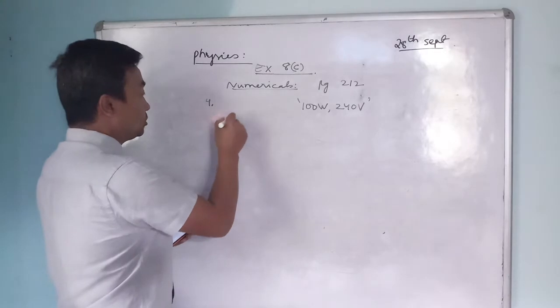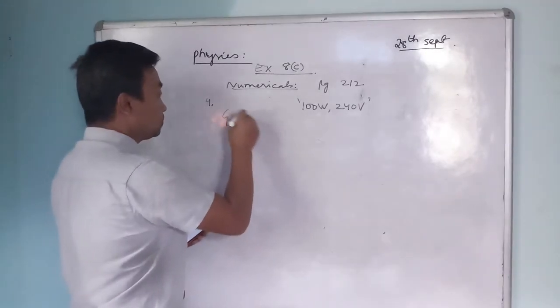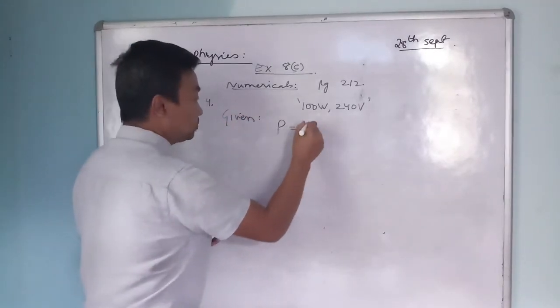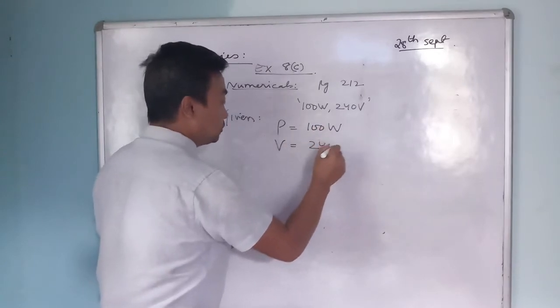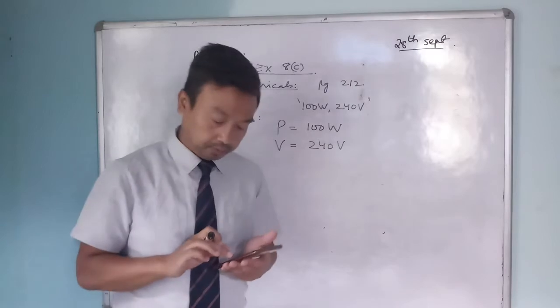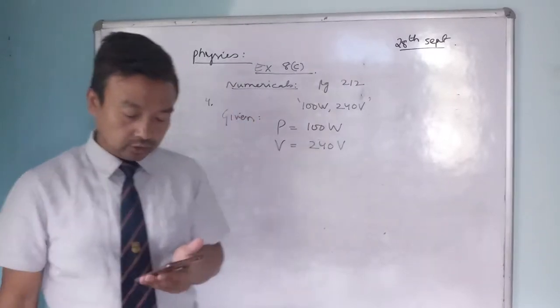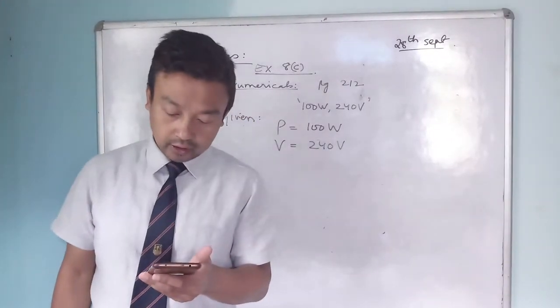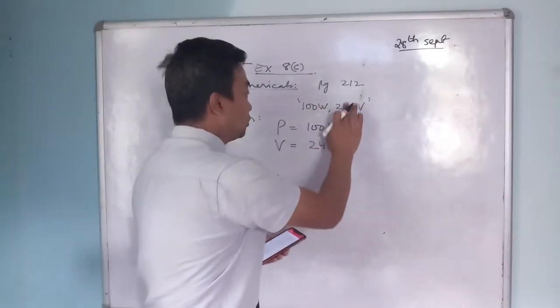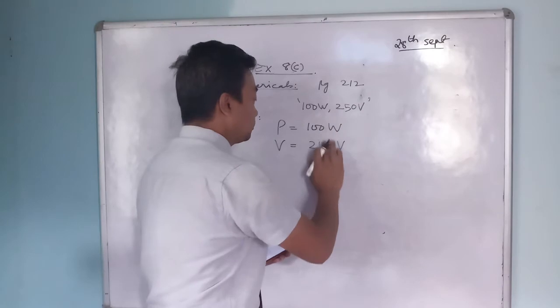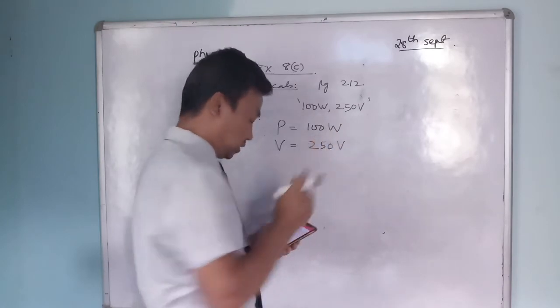So from this question, power is given to you as 100 watt, and the voltage or potential difference is given as 250 volt. Sorry, it is 250, not 240. Please make that correction.